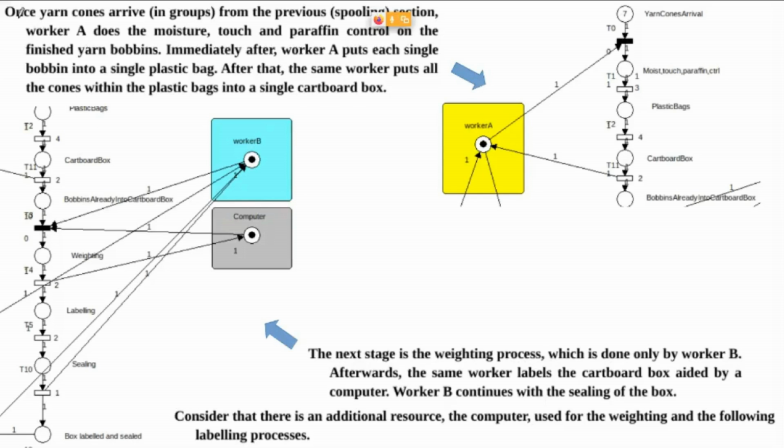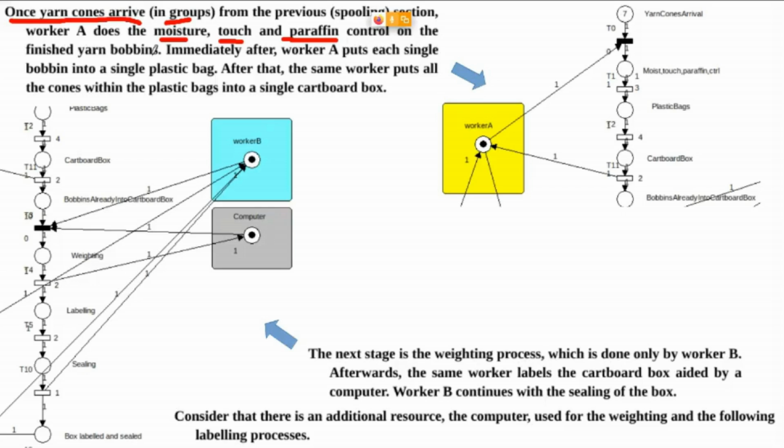First of all, yarn cones arrive in groups from the previous spooling section. Worker A does the quality control. At the end is the moisture, touch, and paraffin control on the finished yarn bobbins.